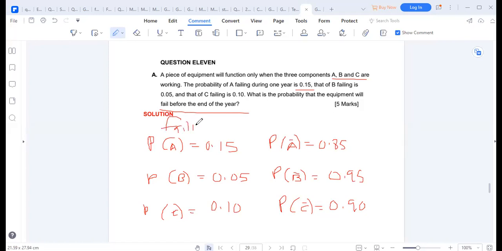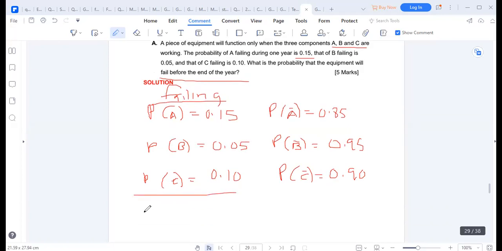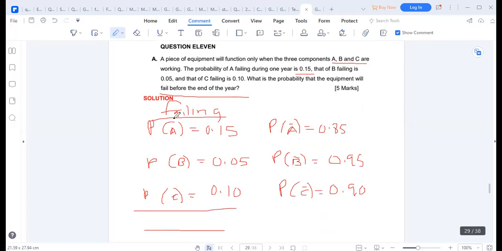Now I want to mention one critical thing. Ideally, since these are independent events, we're supposed to multiply probability of A failing times probability of B failing times probability of C failing to get the answer directly. But we don't do that. We do the long cut. We first calculate the probability that each of the machines will work.